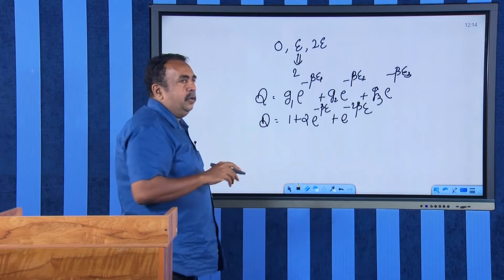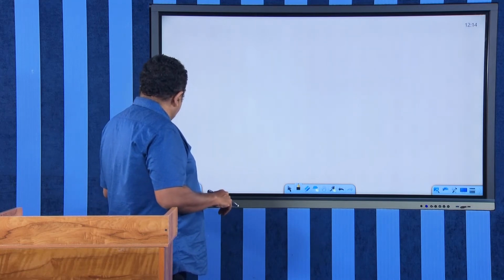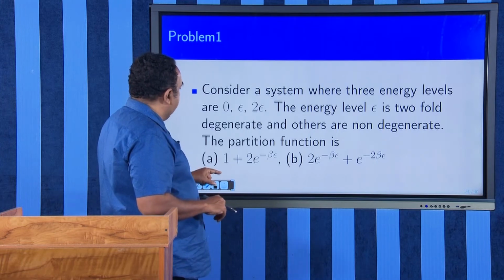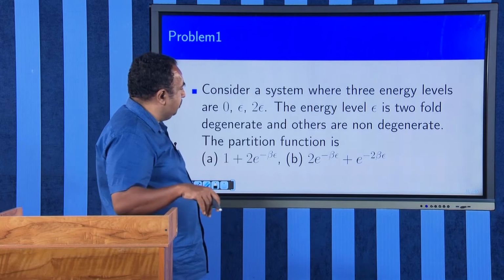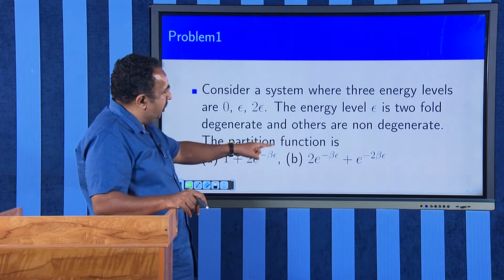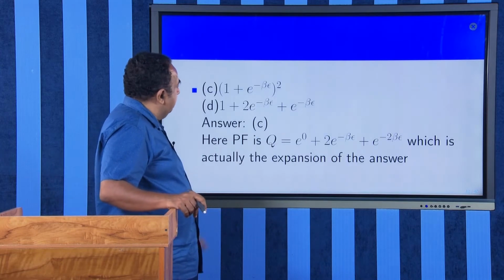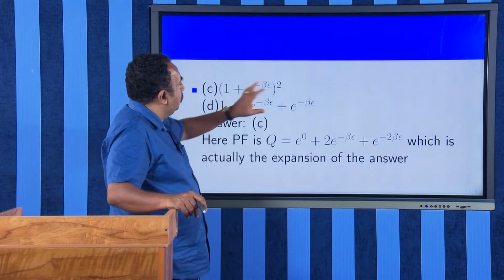But in your question, such a choice was not given directly. One choice is 1 plus 2 e raised to minus beta epsilon. The second choice was 2 e raised to minus beta epsilon plus e raised to minus 2 beta epsilon. And the third choice was 1 plus e raised to minus beta epsilon whole square.